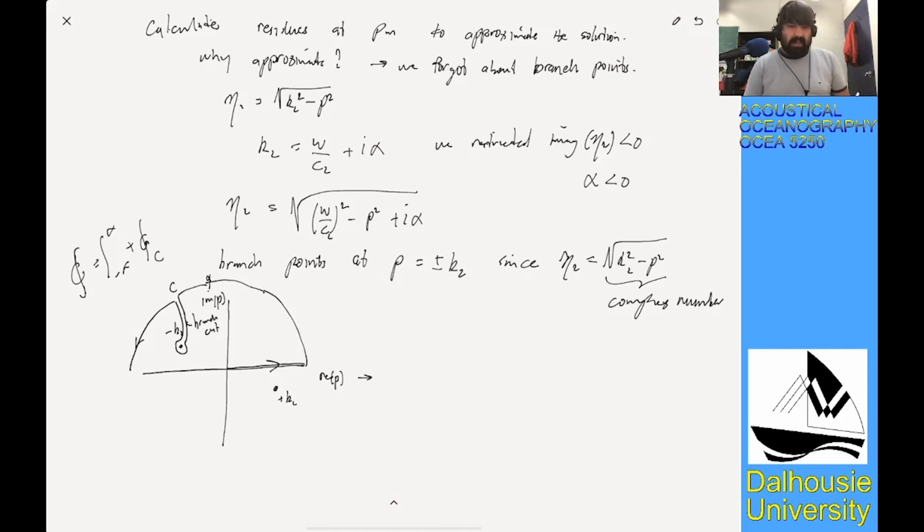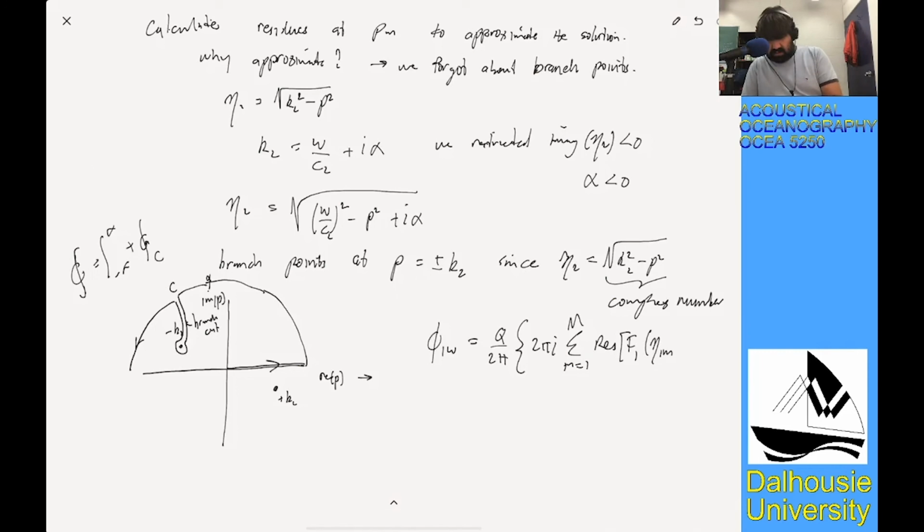So what does that look like in the end? Well, recall our solution from equation 1, right? So we had 2 pi i times the sum over the residues of our big function f, evaluated at the p_m's or the eta_m's as that propagates up, times e to the i p_m x, right?